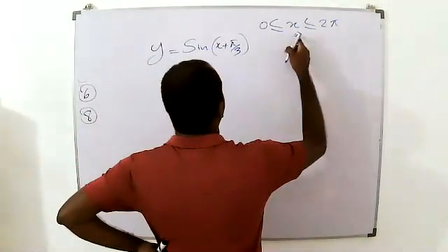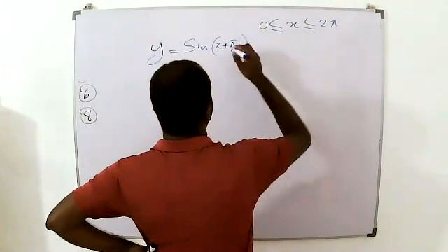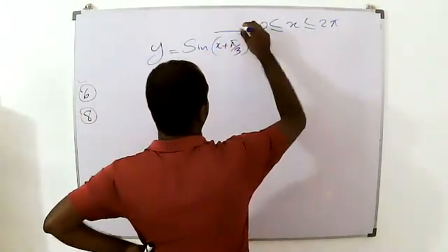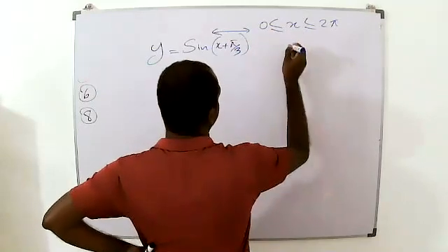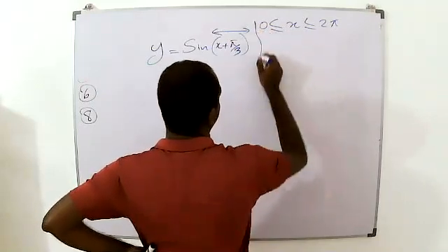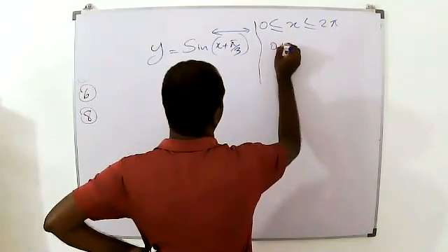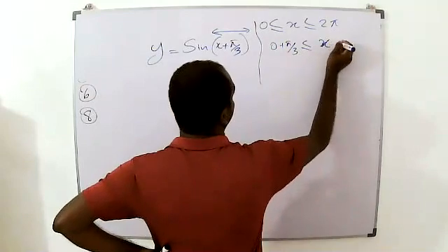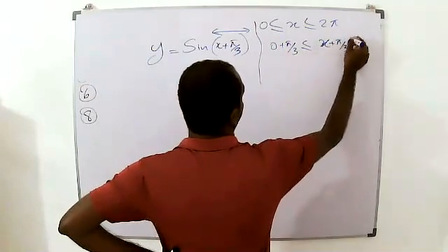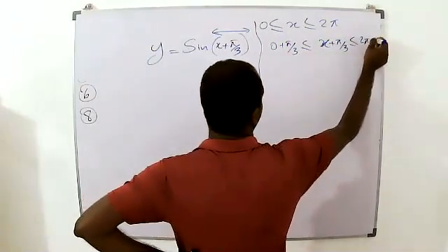Here, try to build this part. At first we have to find the range of this x plus π over 3. So I can add π over 3 to everything. So 0 plus π over 3, x plus π over 3, and 2π plus π over 3.